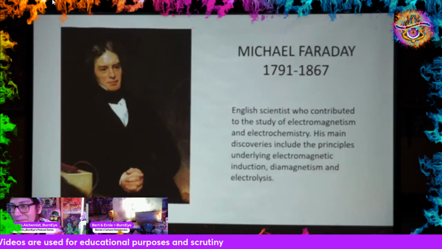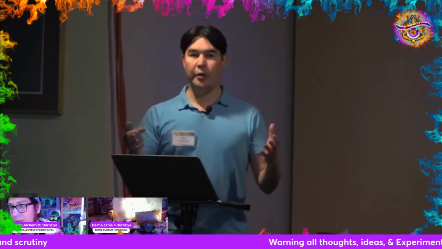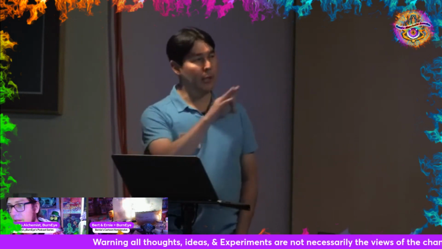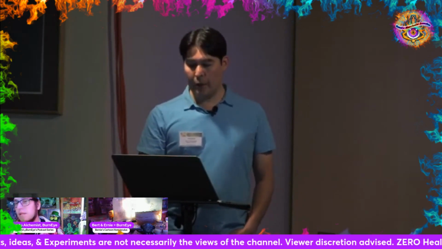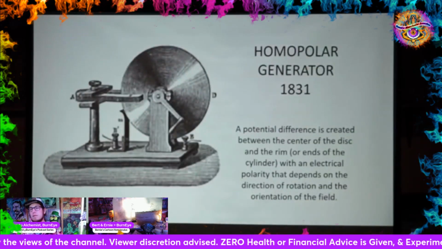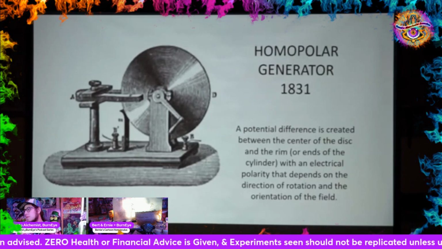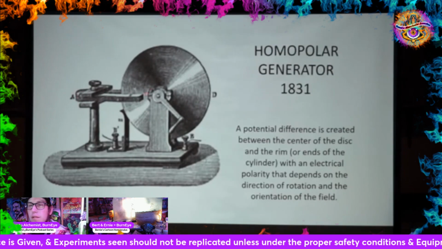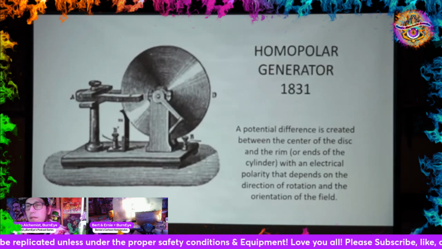For a certain amount of electricity you're putting through the water, you're only going to be able to separate so much hydrogen from oxygen and those type of things. And so when you hear his name, he's the one that actually invented what's known as the homopolar generator. So the first variation of a homopolar generator that he came up with in 1831 basically looked like this. What it is kind of a horseshoe-shaped magnet that you can see on the left side labeled A. I don't know if that laser pointer shows up there. And in between that horseshoe-type magnet, you have a conductor, which could be something like a copper, for example.